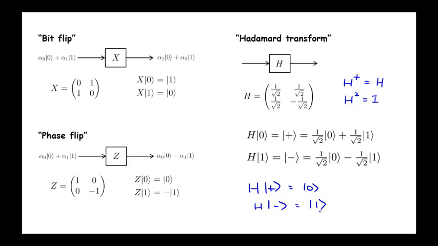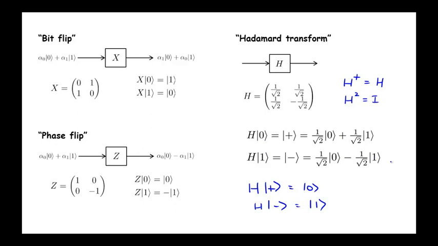Now, if you look at this a little more closely, when you apply H to 0, you get an equal superposition of 0 and 1. So if you were to measure after applying H to 0, you'd see 0 and 1 with equal probability. And similarly, if you apply H to 1 and then measure, you'd see 0 and 1 with equal probability.